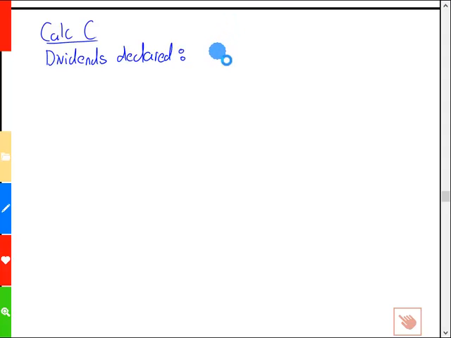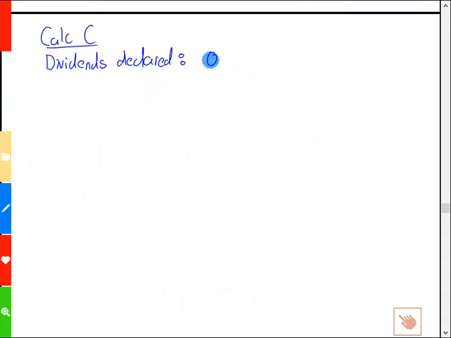Let's call this calculation C. And this is calculating the dividends declared. Just write down exactly what you're calculating: 25 cents per share, 0.25. There were 575,000 shares. That's going to give me a total of 143,750. Exactly.